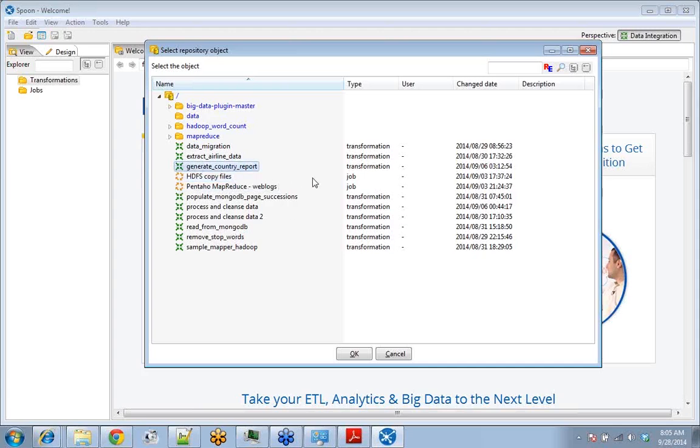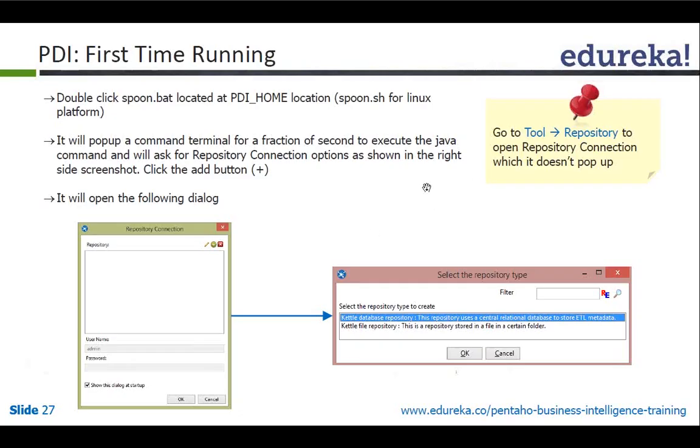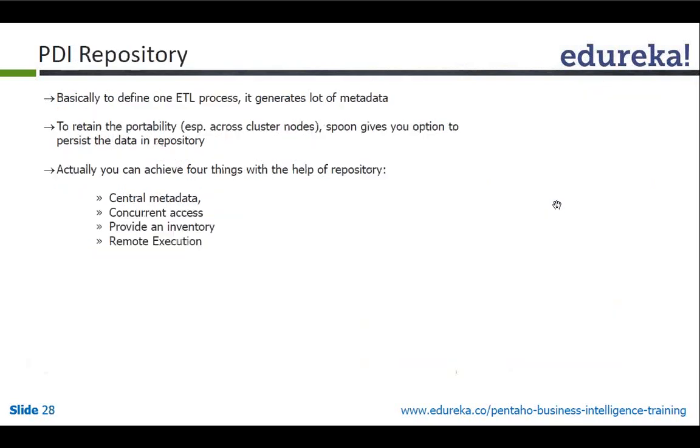And a transformation is something where you're collecting the data, transforming it and saving it at a centralized place. So jobs can contain multiple transformations. As far as hierarchy is concerned, one job can contain multiple transformations. So this is about the repository.